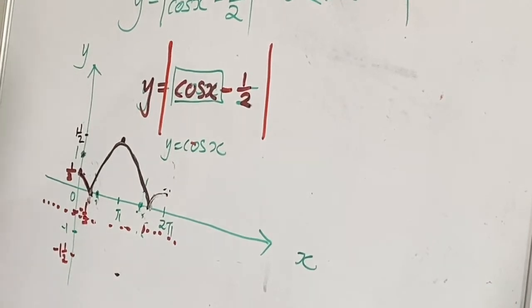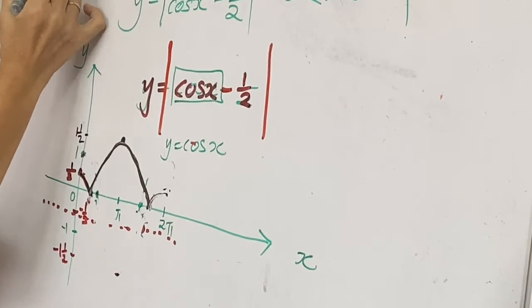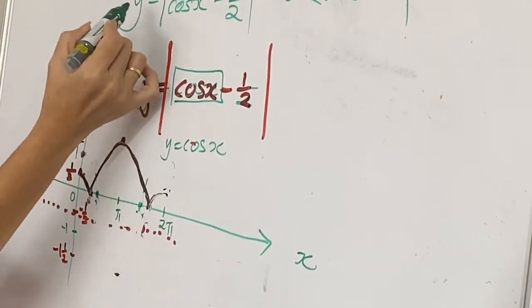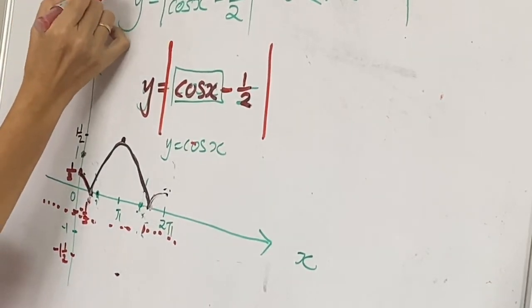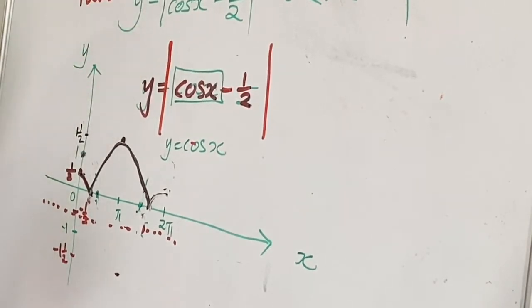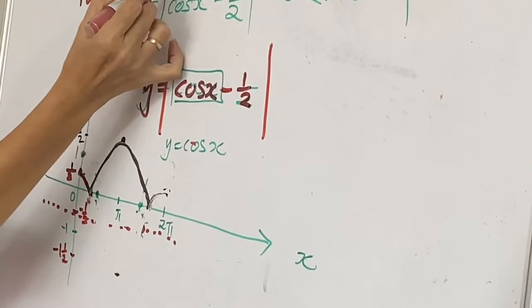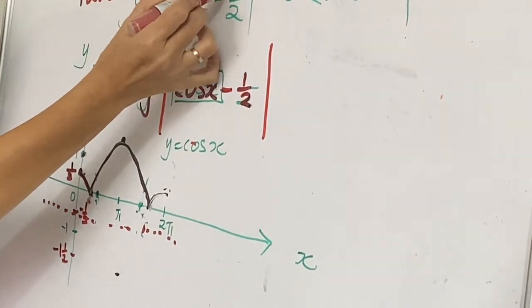And then for part B, they ask you, hence using the graph, solve the equation. For part B, the equation looks like this: modulus of 2 cos x minus 1, plus pi, equal to k.